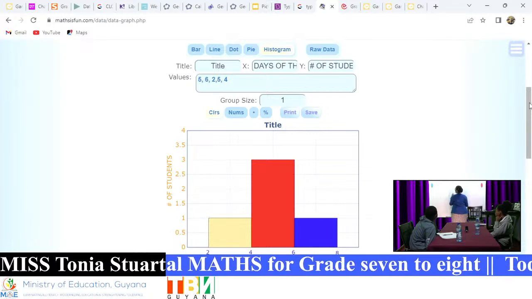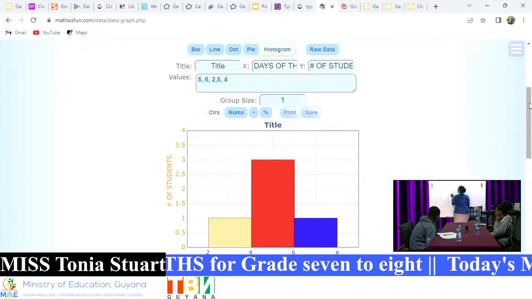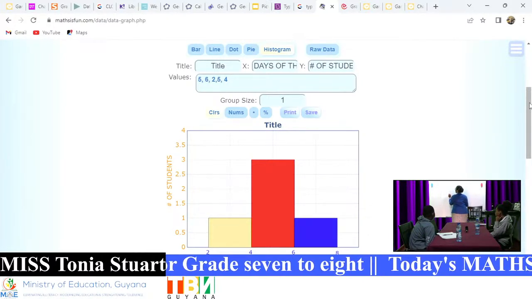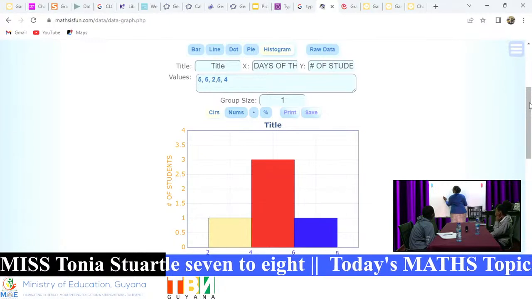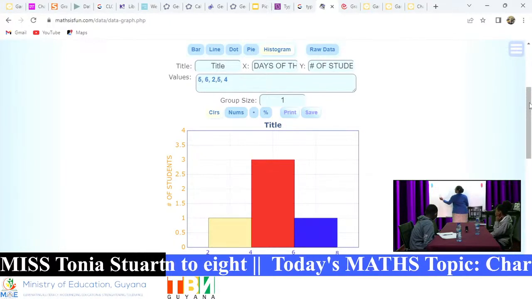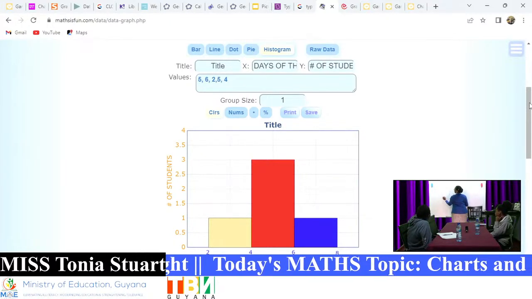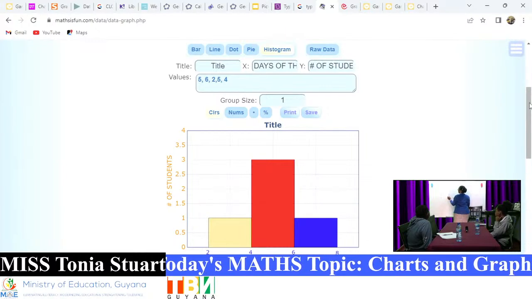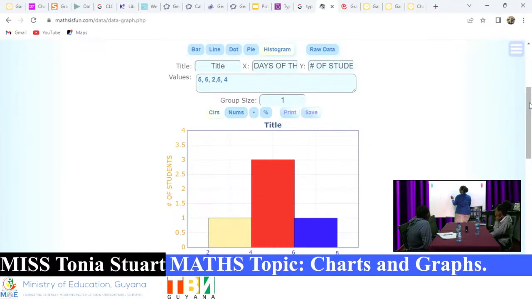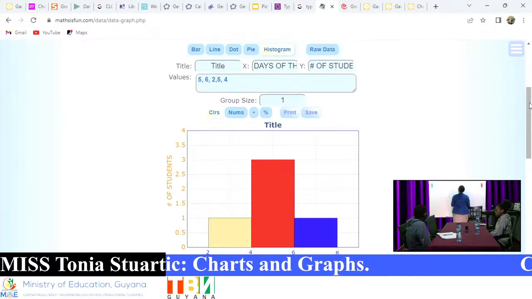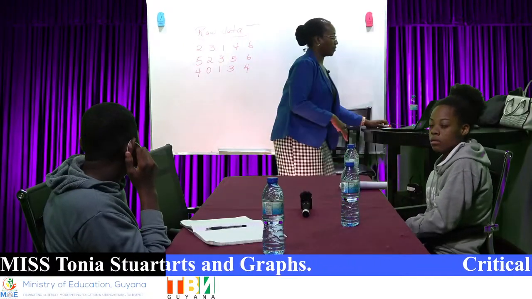Let's keep it a little lower than this. Copy those numbers quickly.